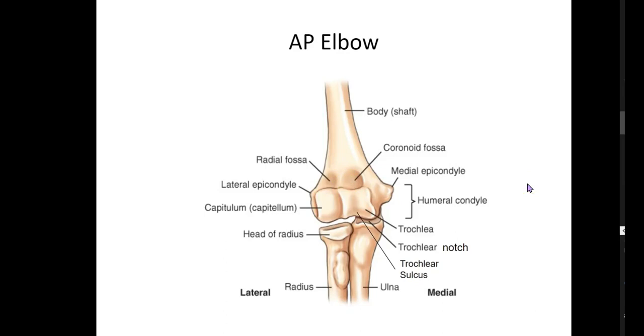We'll look at it in a different slide. When your arm is fully extended or out straight, not bent, the olecranon process, remember that's the back here of the ulna, fits into the olecranon fossa. And again, I'll point that out on a different slide. There are also several important fat pads in this area that we'll need to know as well. Let's pause here. We'll pick up with the lateral elbow in part 2.